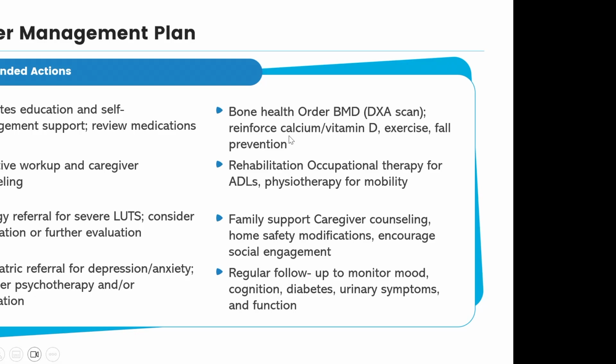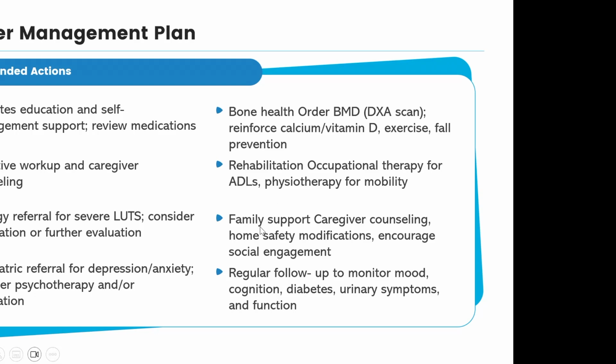and in order to prevent further loss of bone or to contain the speed of bone loss, we must start him on calcium and vitamin D after we get a DEXA scan. The only precaution with a DEXA scan is that we must withhold calcium for 48 hours prior to ordering the DEXA scan. Rehabilitation and occupational therapy for activities of daily living, and we must make his home environment fall free to enable a smooth life for him.